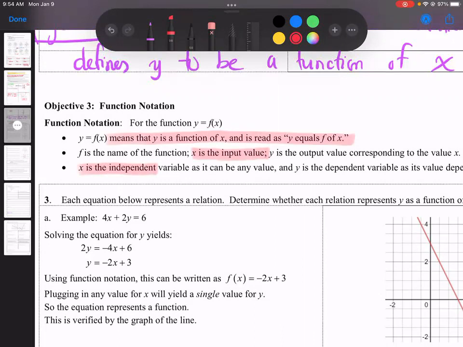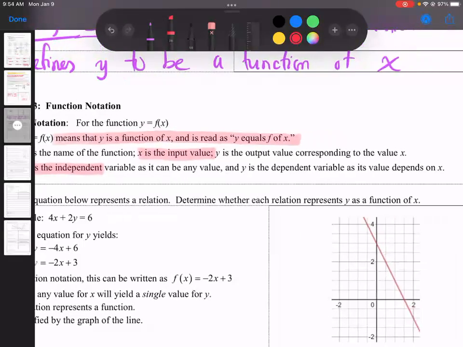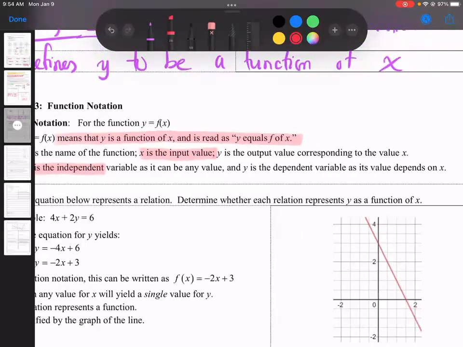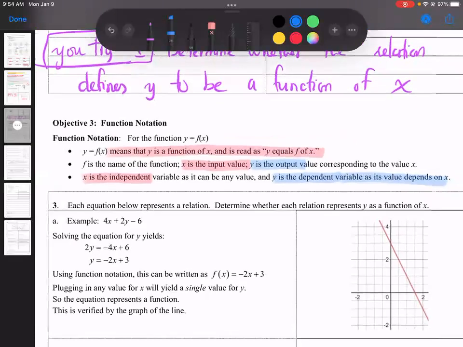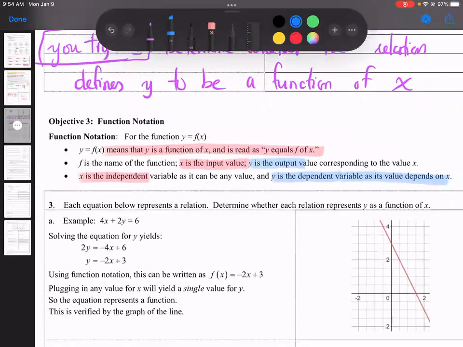When you put x into the function, it is called the output. And the output y is the dependent variable, so it depends on x. So y is a function of x is f of x.